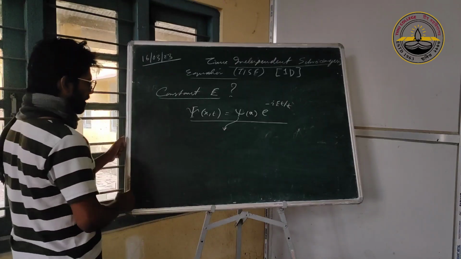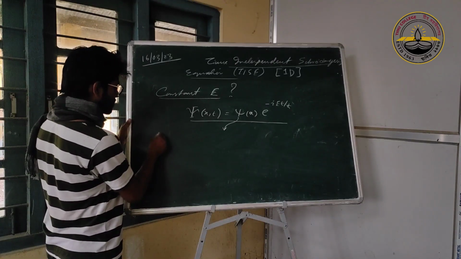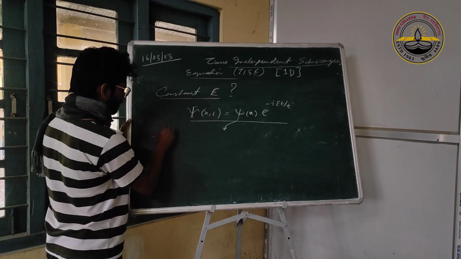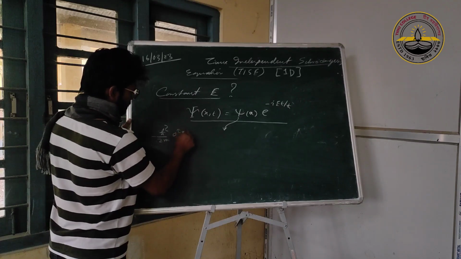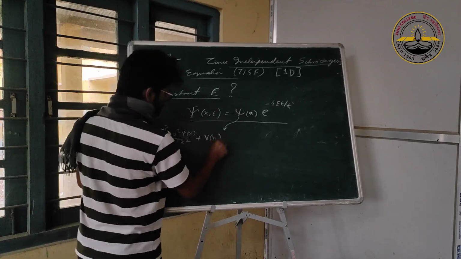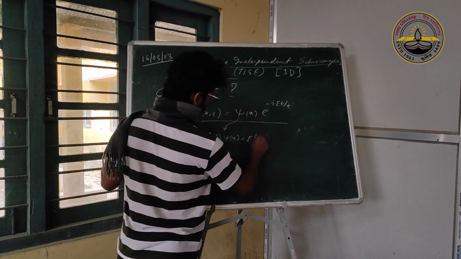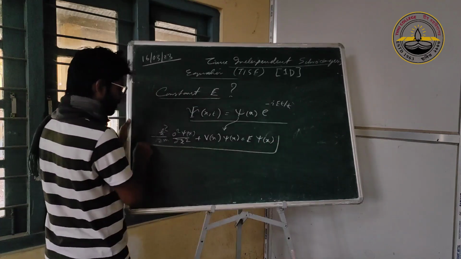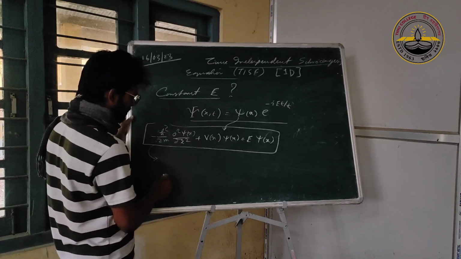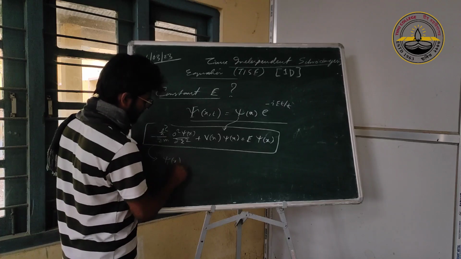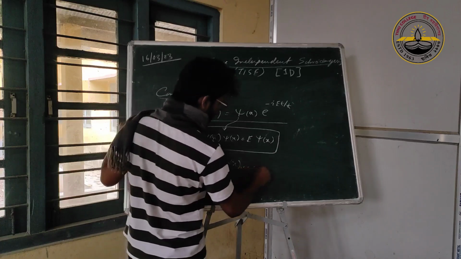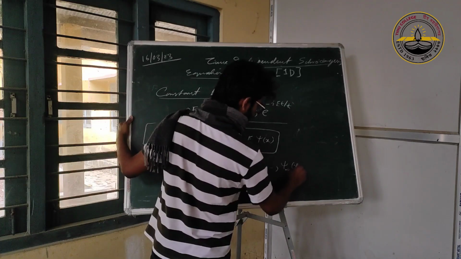When you solve the time-independent Schrodinger's equation, minus h cross square by 2m del square psi x by del x square plus V x psi x equal to E psi x, you often get a series of solutions: some psi 1 x, some psi 2 x, some psi 3 x, and so on, infinitely many.